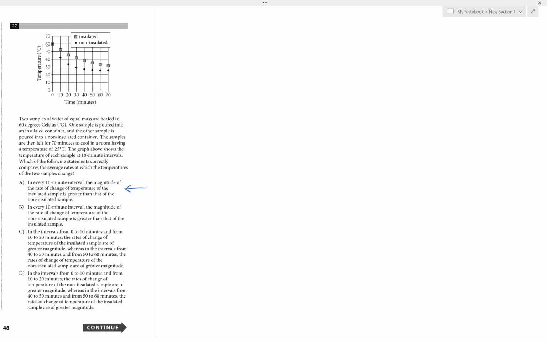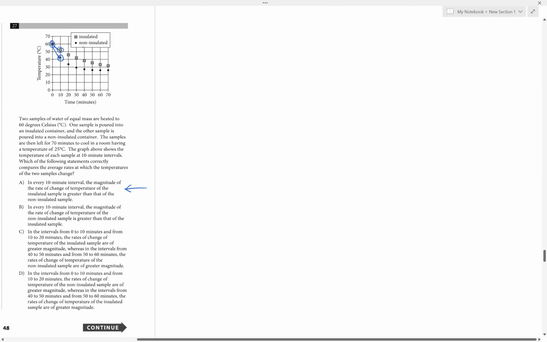Well, if you look at the initial point here, they both start from 60 degrees. The insulated sample, after 10 minutes, drops to here. The non-insulated sample after 10 minutes drops down here. So who has a bigger change? The dotted one, right? It's a bigger drop, a bigger decrease for the dotted one, which is the non-insulated sample.